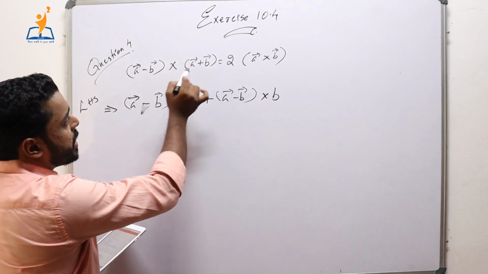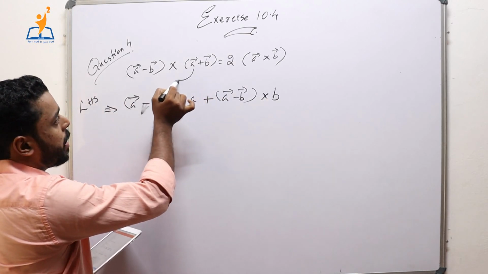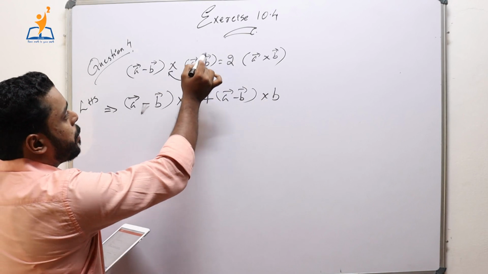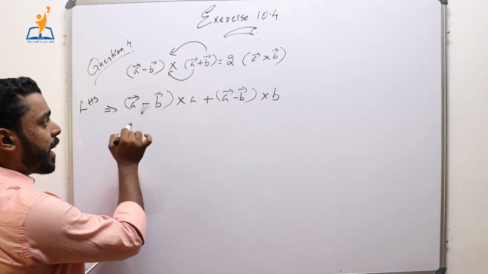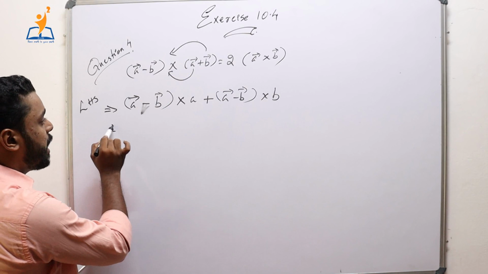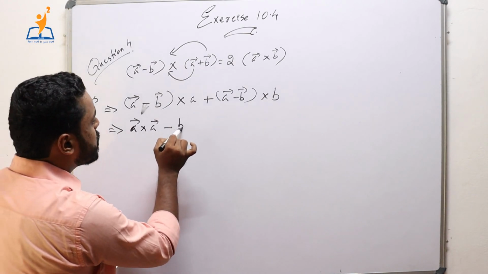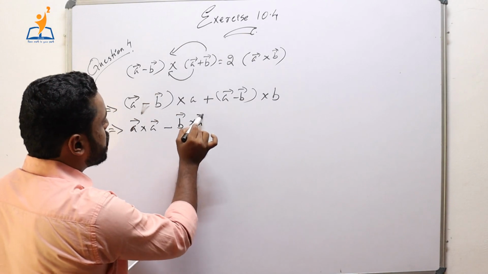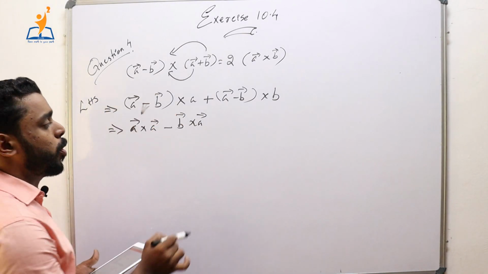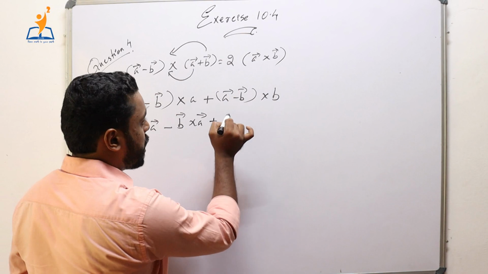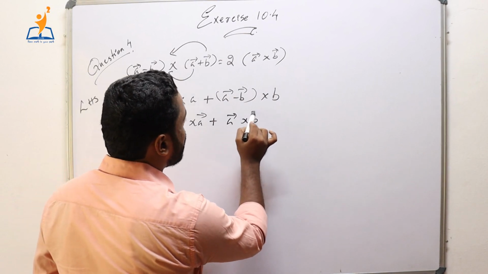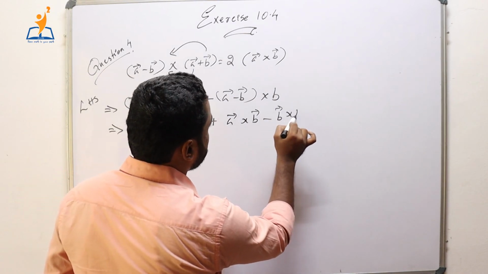See, we just applied distributive property. Now again we can apply distributive property here to get a cross a minus b cross a. See, we just opened the bracket using the distributive property. Similarly we can do the same here also, a cross b minus b cross b, right?